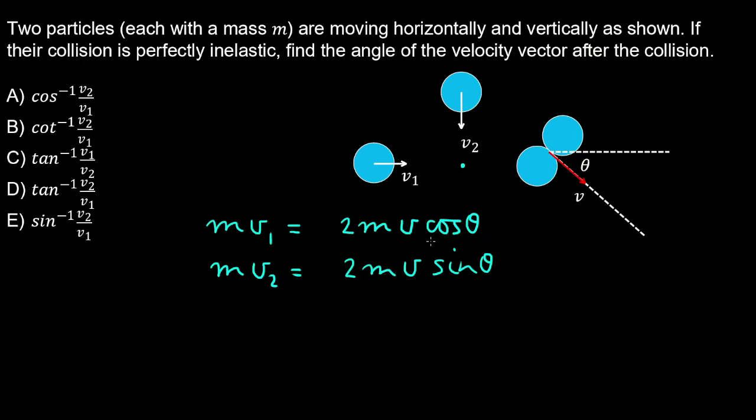And then dividing these two equations, we have sine theta on cosine theta, which is tan theta, and that's equal to v2 on v1, and therefore the angle theta is the arctan of v2 on v1, so D is the correct answer.